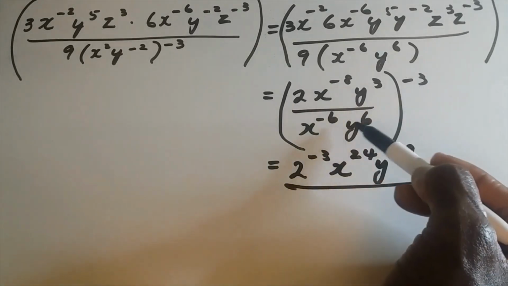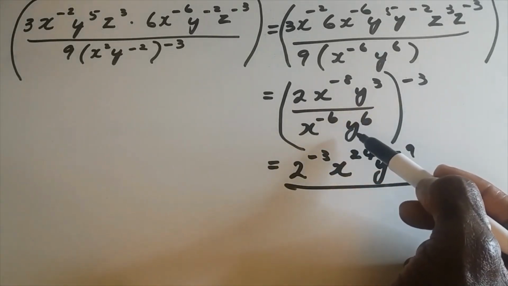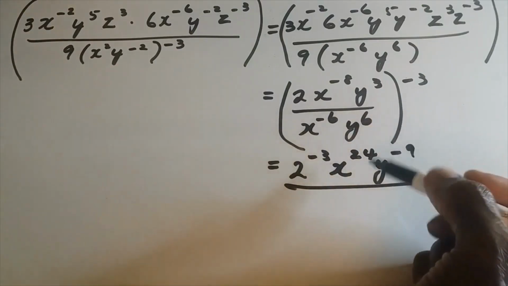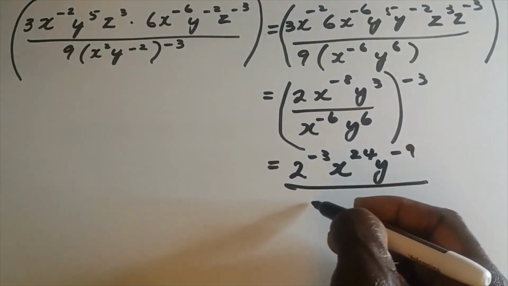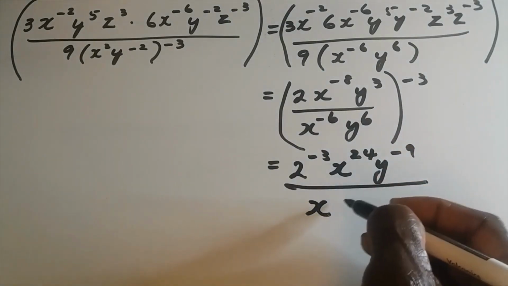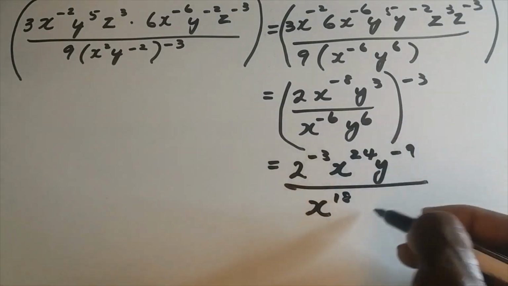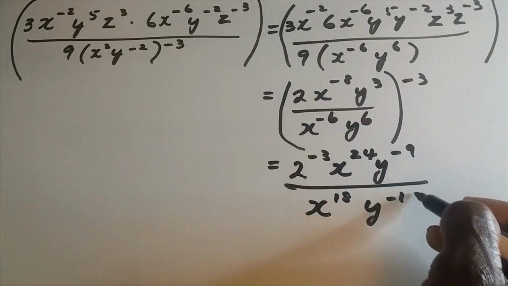This means we're also raising whatever's in the denominator to the negative 3 power. So this becomes 6 times 3 is 18, positive 18 that is, and this is y to the minus 18.